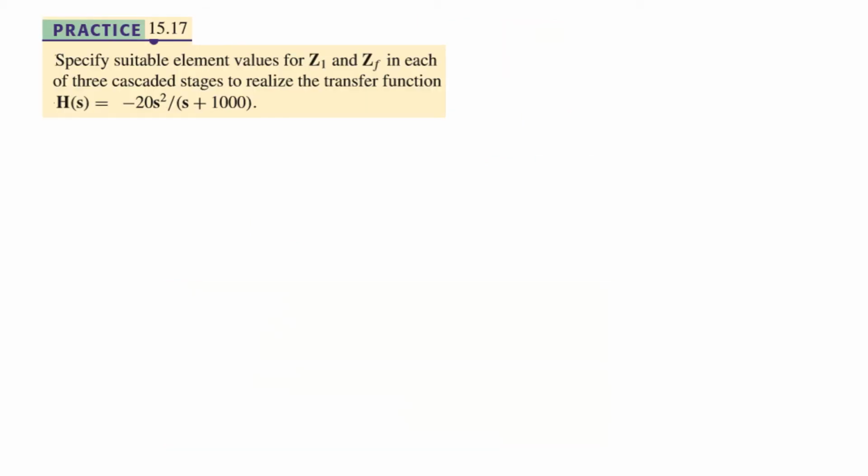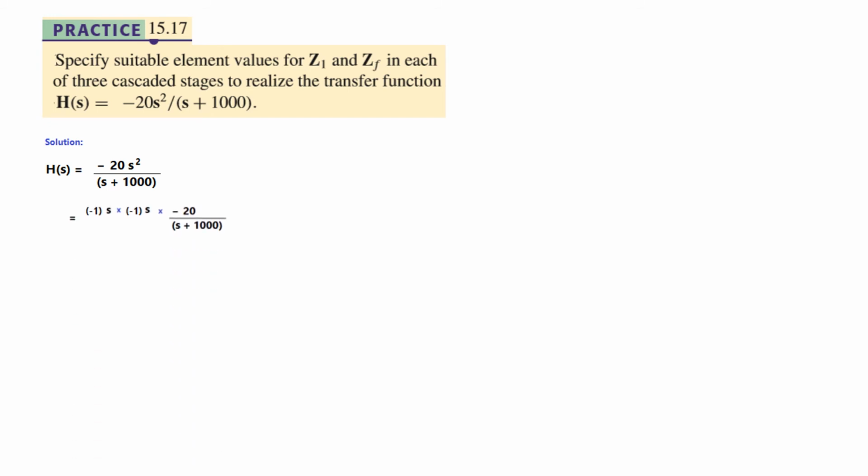Okay, now let's quickly do the practice problem also. Specify suitable elements for Z1 and ZF in each of the 3 cascade stages to realize this transfer function. So let's see the transfer function. If you write the denominator, it looks like this.